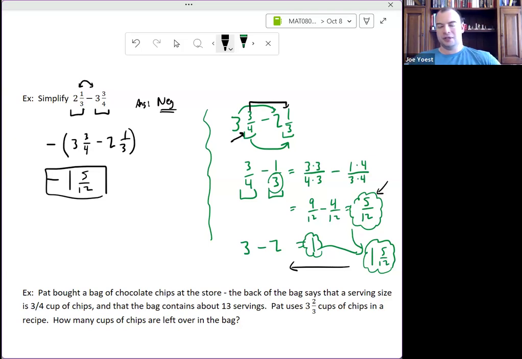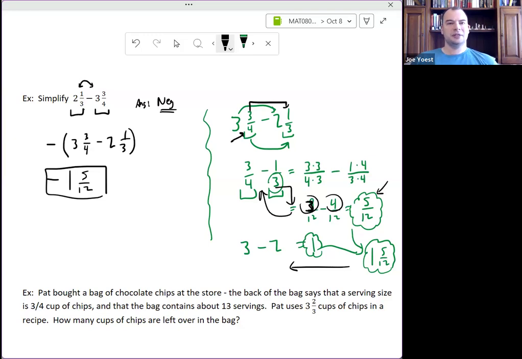And if I were to end up with 3/12 minus 4/12, well, I don't have enough to give away. So then I would just rewind. I would borrow from one of my whole pizzas, add some more quarter slices in, and go back forward again.